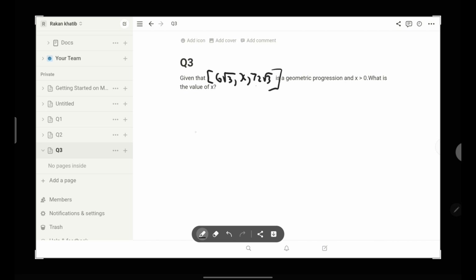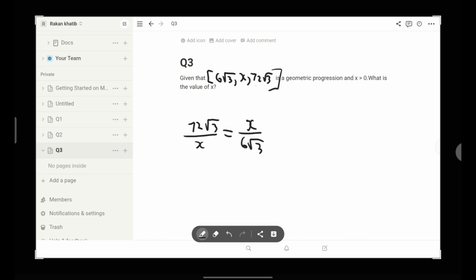So we do 72 radical 3 over x is equal to x over 6 radical 3. Now you add that in the calculator. Let me just type it real quick.